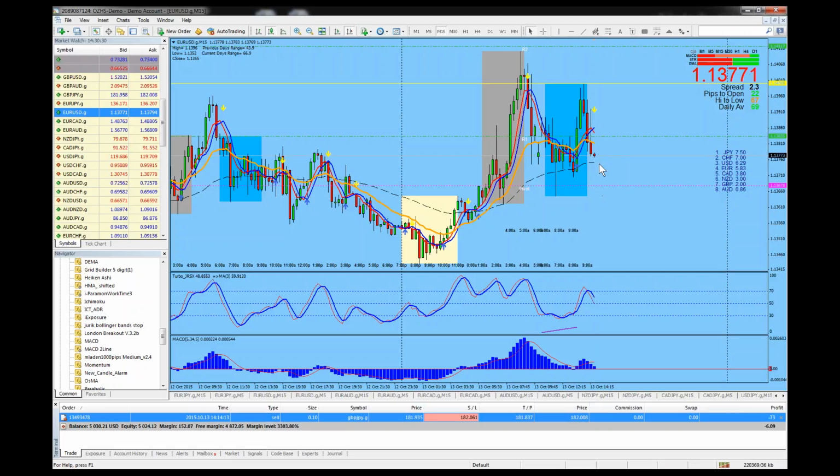So I'm going to sit on this for a minute and wait for a little bit of a pullback. Not that the trade won't be successful, but if I can avoid that ride, sometimes you can't. Like, we're in a 7-pip ride here, but if you remember, pound yen had a 6-pip spread. So we're really only down like 2, if you factor the spread in.